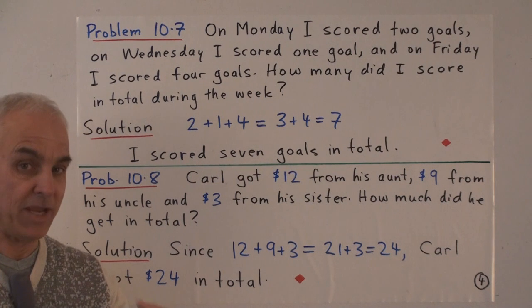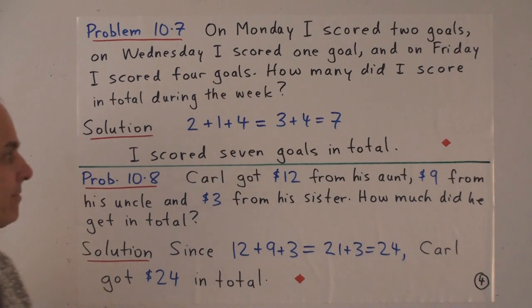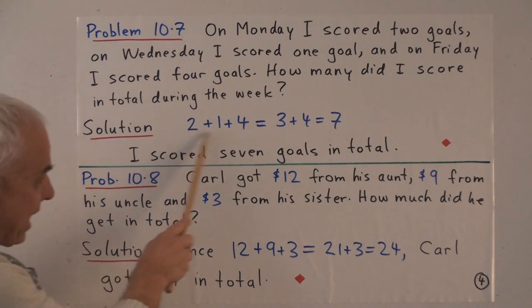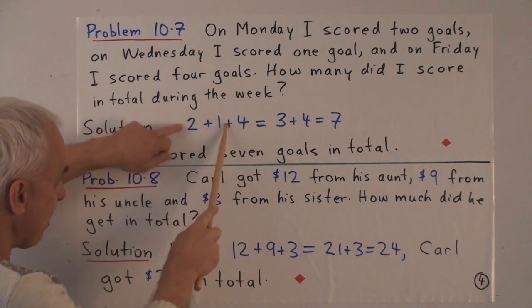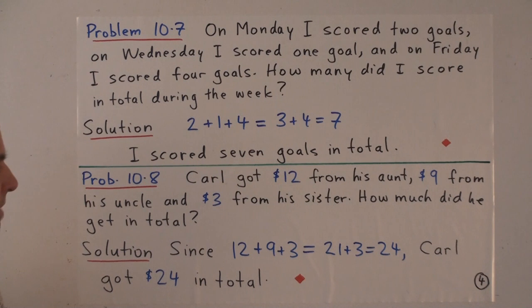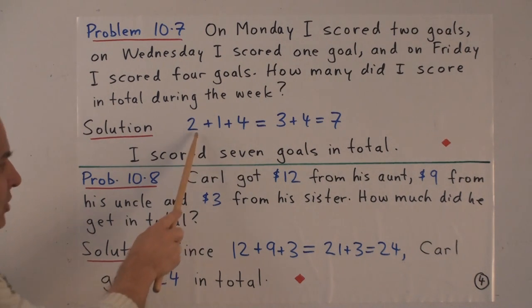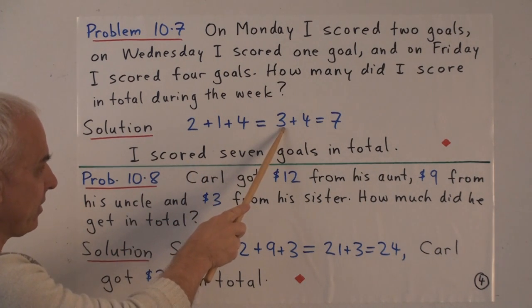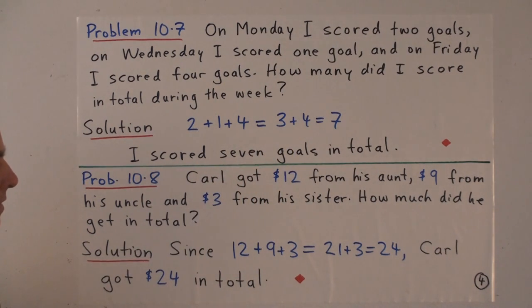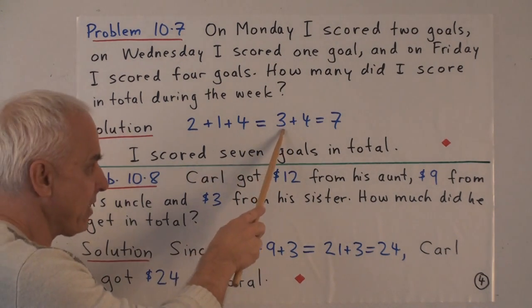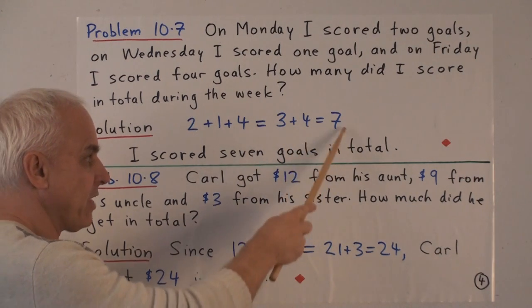Now I'm adding 3 things together. And I can combine this in a number of ways. I'm going to do the obvious and combine or add the first 2 numbers first. So the 2 plus 1 makes 3. So in the second step I'm going to write 3 plus 4. And then the last step I'm going to combine 3 and 4, add those together to get 7.